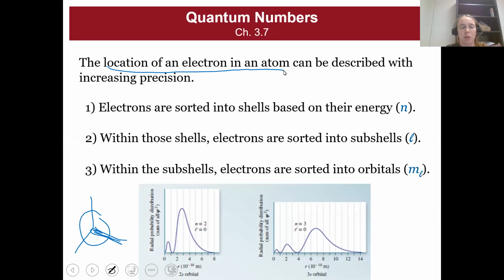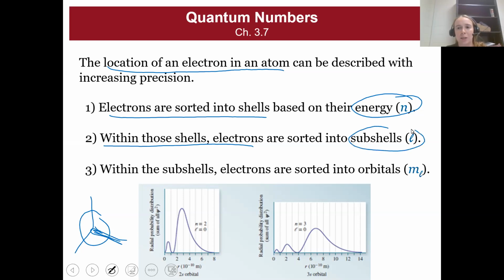What does that mean? So electrons are sorted into shells based on their energy and distance from the nucleus, which is related to the energy. And that is n. Remember, n is our principal quantum number, which tells us about the energy and size of the orbital. Okay? Within those shells, electrons are sorted into subshells.